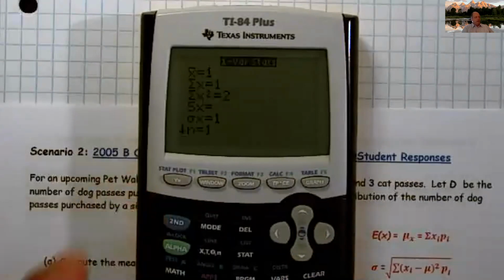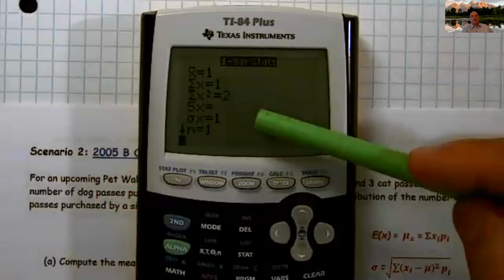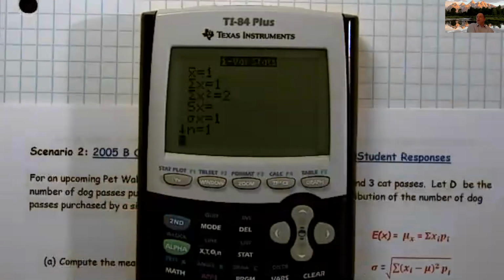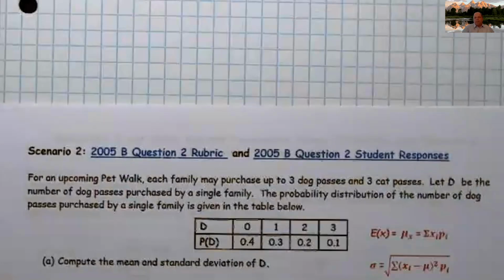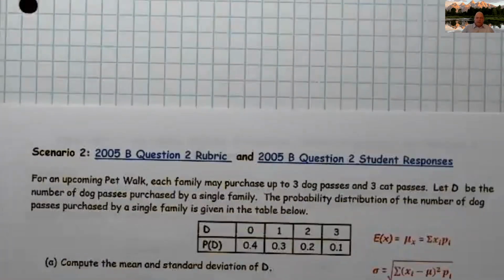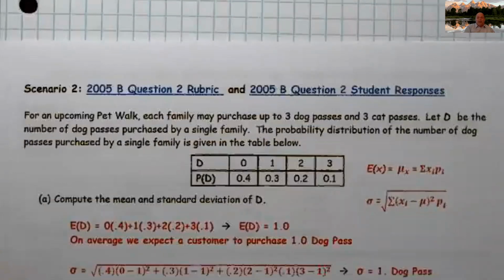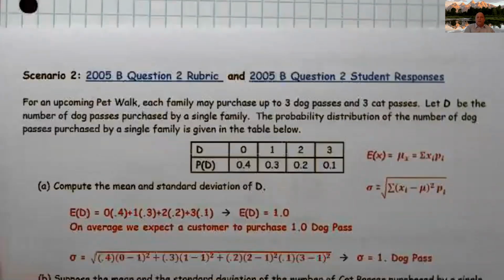And they go, all right, there's my average, there's my standard deviation. They wrote down 1, I call it good. And I'm just going to tell you right now, Mrs. Lamb will tell you that's bad. You got no points. And we're sad about that. And I know you are too.